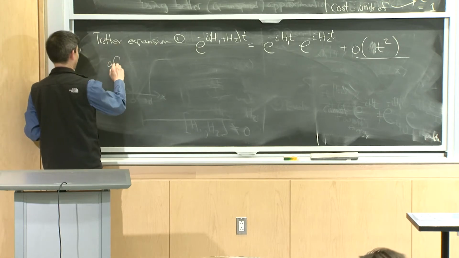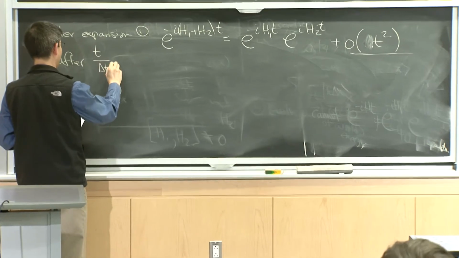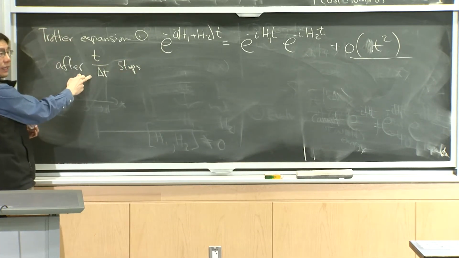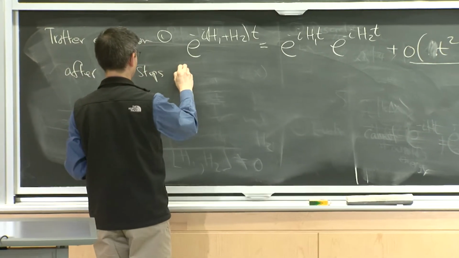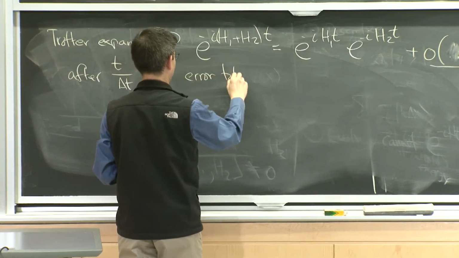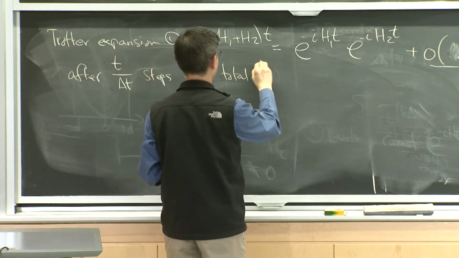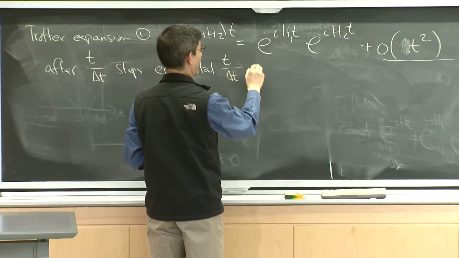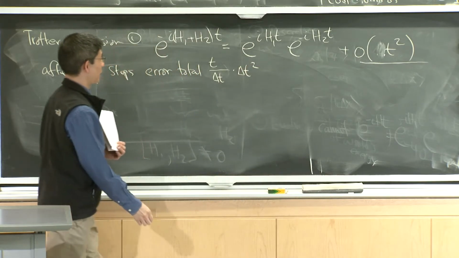It means that after t divided by delta t steps, so we take the total time of evolution, we break it down into delta t slices, the total amount of error is going to be the number of steps times the error per step, so that we get the error total being t divided by delta t times, say, this is now where I wish I had my deltas.